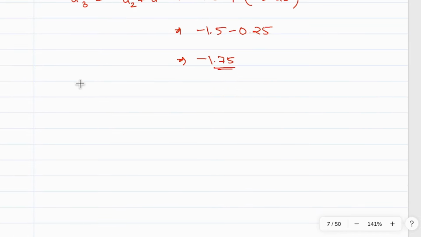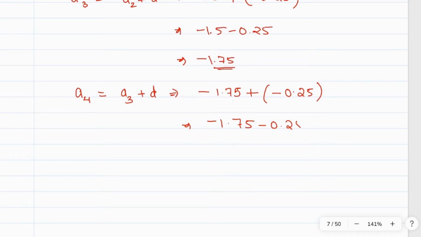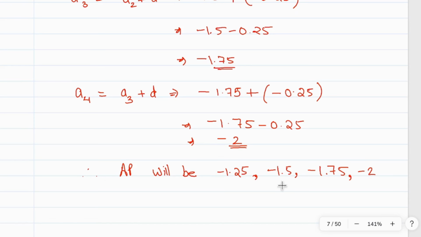Now A4 equals A3 plus D, which is minus 1.75 minus 0.25, equal to minus 2. Therefore, the AP is minus 1.25, minus 1.5, minus 1.75, minus 2. Clear?